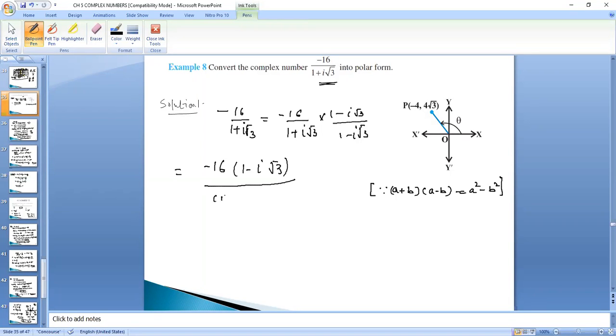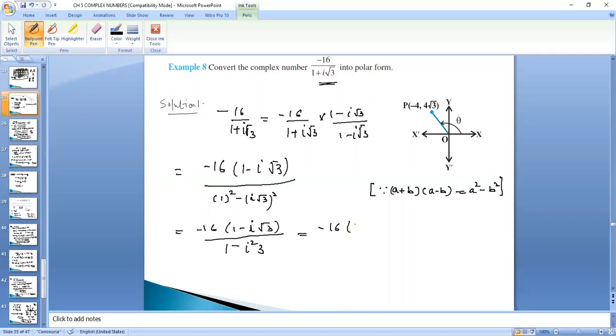So it will be 1 square minus iota root 3 square, which can be written as minus 16 times 1 minus iota root 3 upon 1 square is 1, minus iota square is iota square, root 3 square is 3.